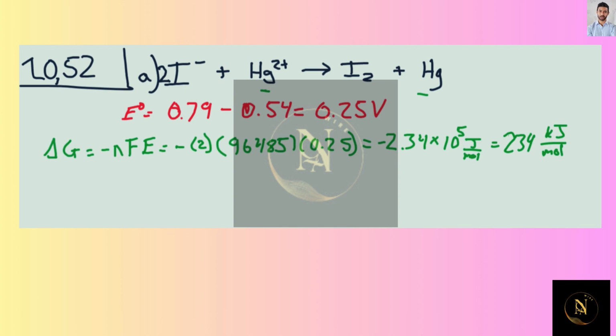So now our equation for K involves delta G being equal to negative RT ln K. If we flip this around to solve for ln K, we get ln K is equal to negative delta G over RT.